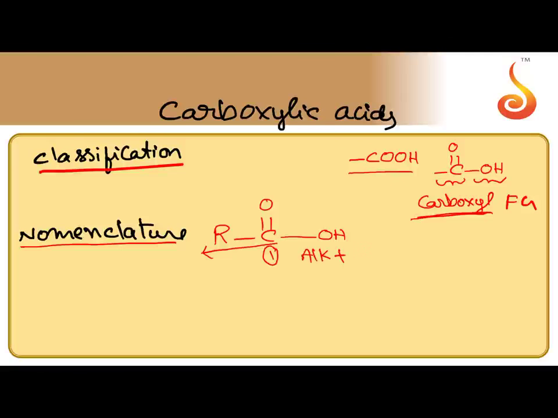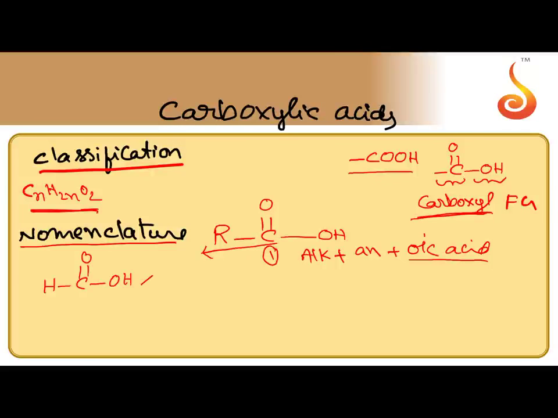You select the root word alk followed by the primary suffix like ane. The e of the ane is substituted by oic acid. Oic acid is the secondary suffix for carboxylic acid. The first member of the carboxylic acids is HCOOH. The general molecular formula of the carboxylic acid is CnH2nO2. This is also applicable for esters.